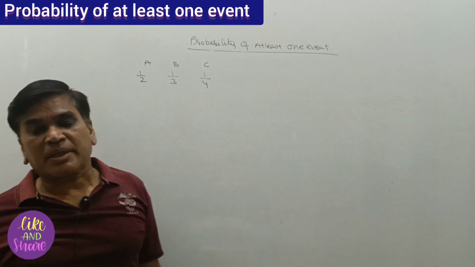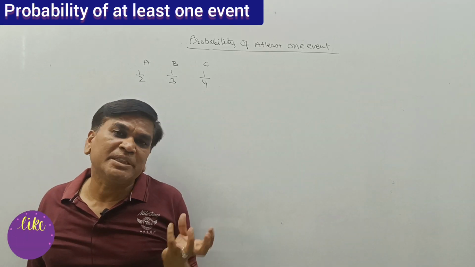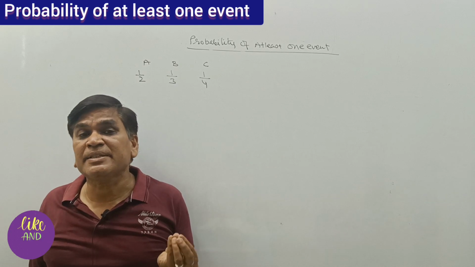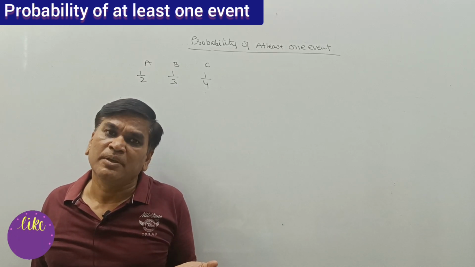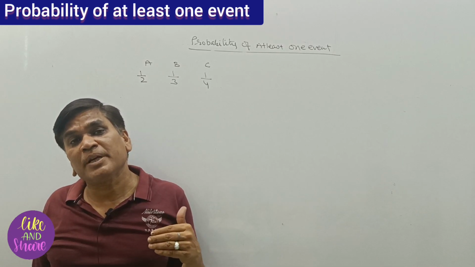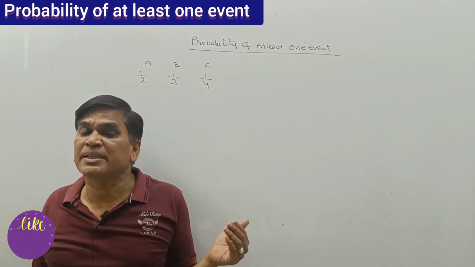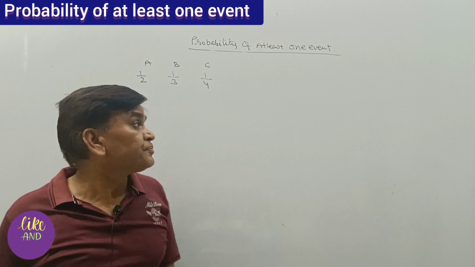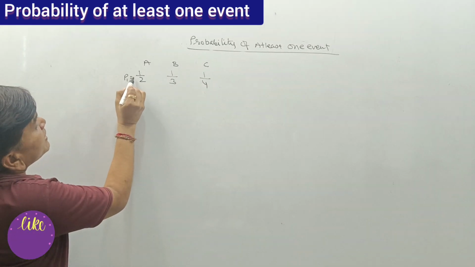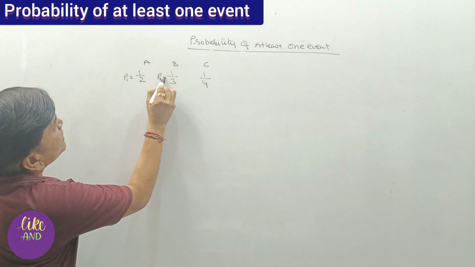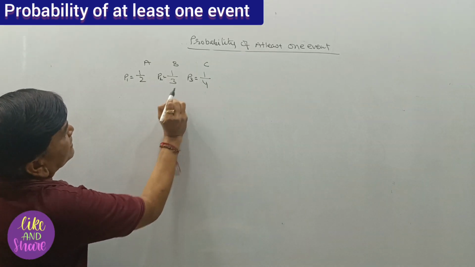So calculate the probability that among the 3 students, at least one of them will solve it. The question will be solved if at least one of them solves it. Okay. So P1 is this, P2 is this and P3 is this.